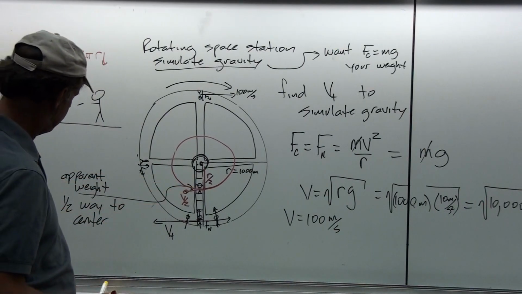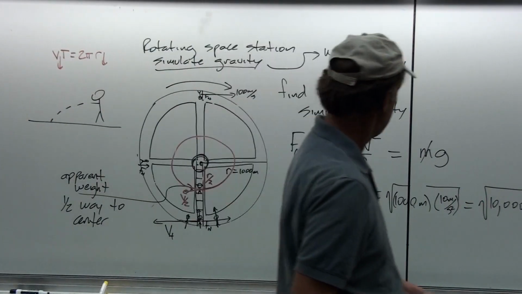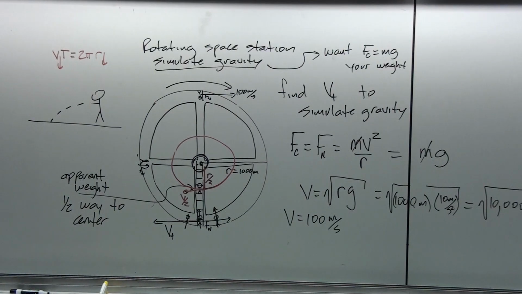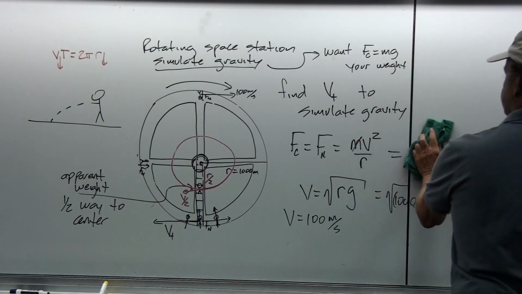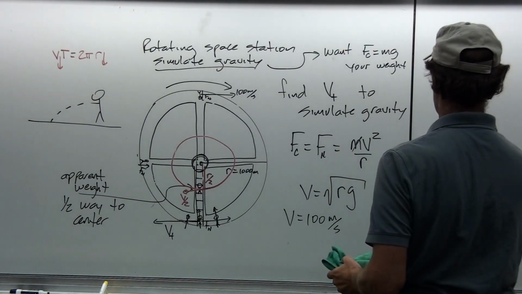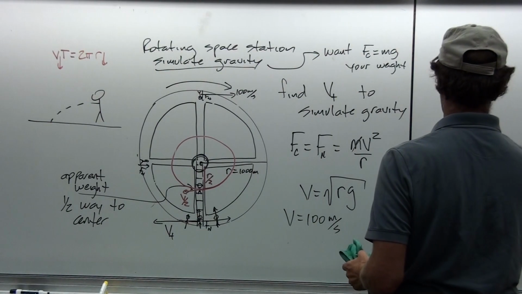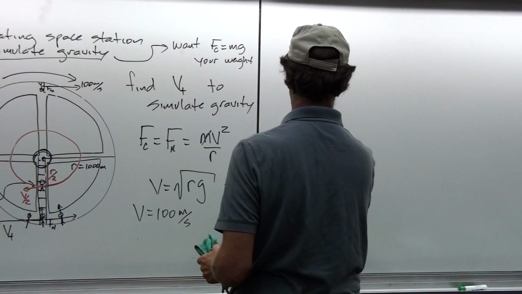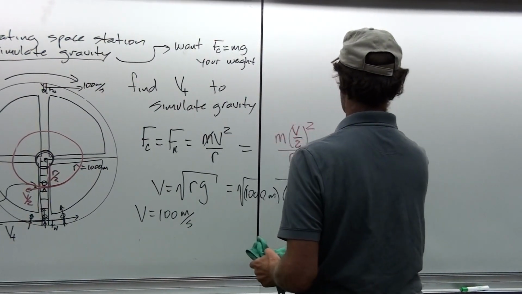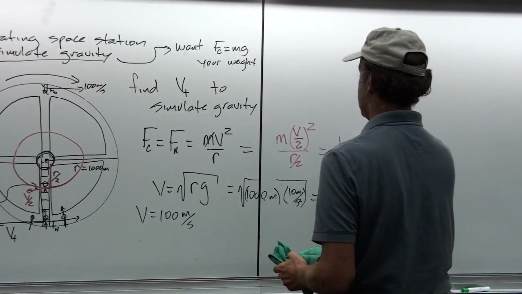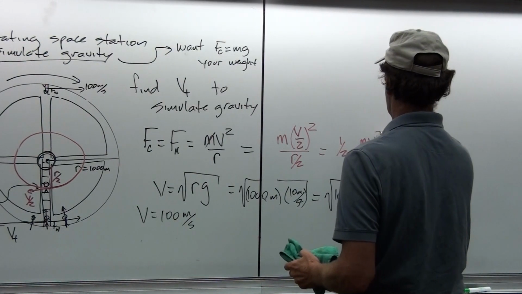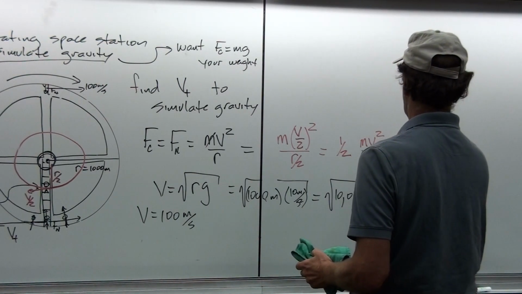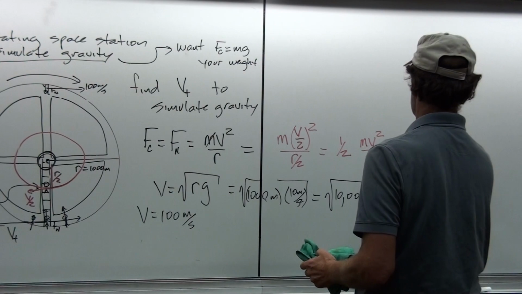So if we plug that into our centripetal force equation, that's going to be m times (v over 2) squared divided by r over 2. That's going to be 1/2 mv original squared over r, or 1/2 mg.